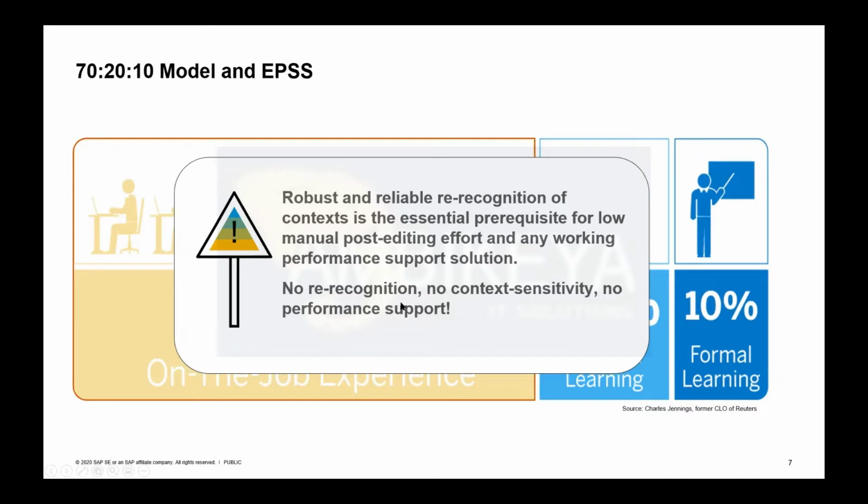No re-recognition, no context sensitivity, and no context sensitivity, basically not that much of performance support, at least not what people would expect from a solution like that. So this is just to set the context, nothing new to you, most likely or hopefully, but let's proceed. This is where we come from, and now let's have a closer look at that complete concept of recognition and re-recognition.